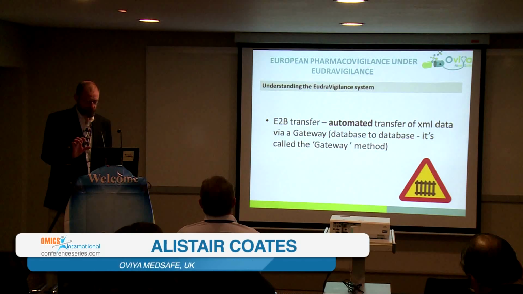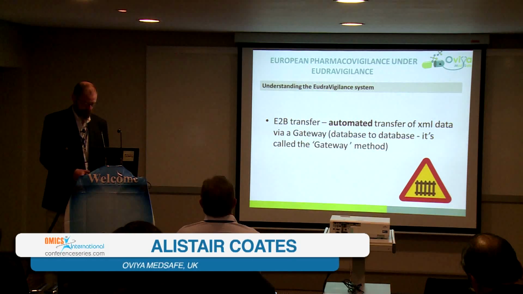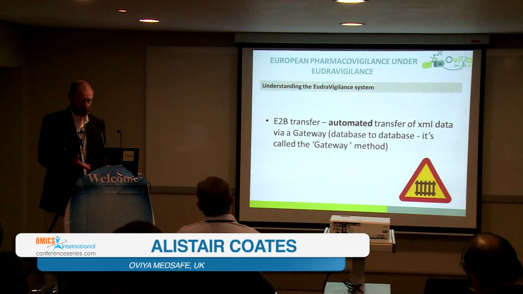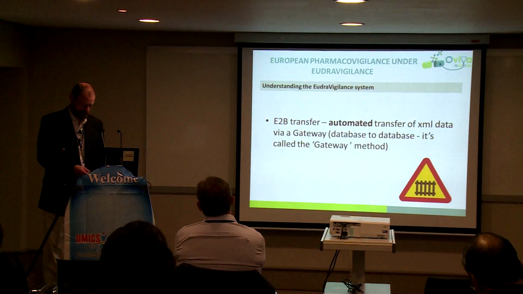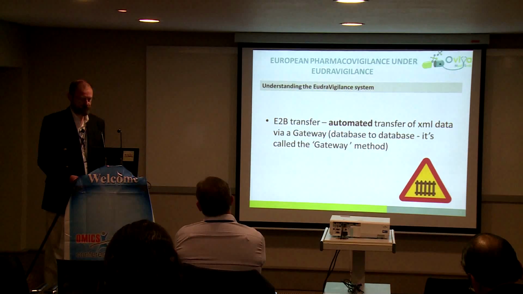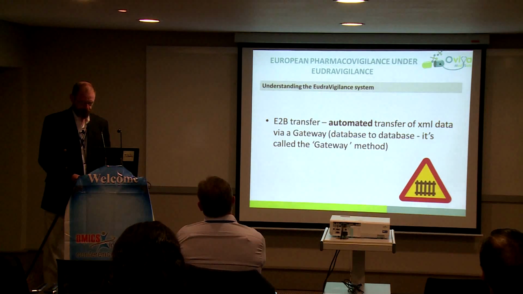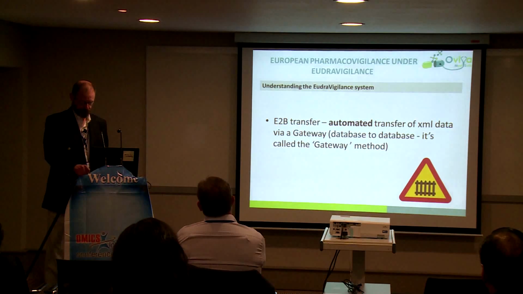It's a method of transfer of XML data, or computerized data, from your safety database to the EudraVigilance. Hence it uses the computerized gateway, so it's called the gateway method.